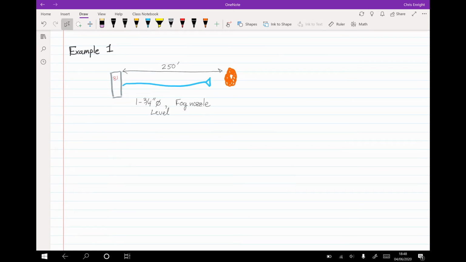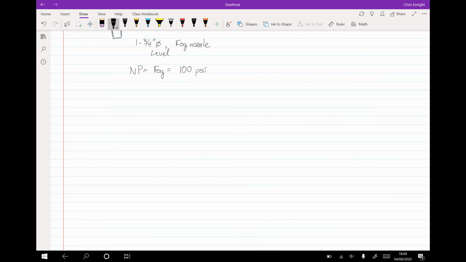Okay, so this is straightforward, relative. It has the fewest moving parts. So nozzle pressure is going to be equal to fog, which is 100 psi. Our friction loss, we'll do it the easy way first.